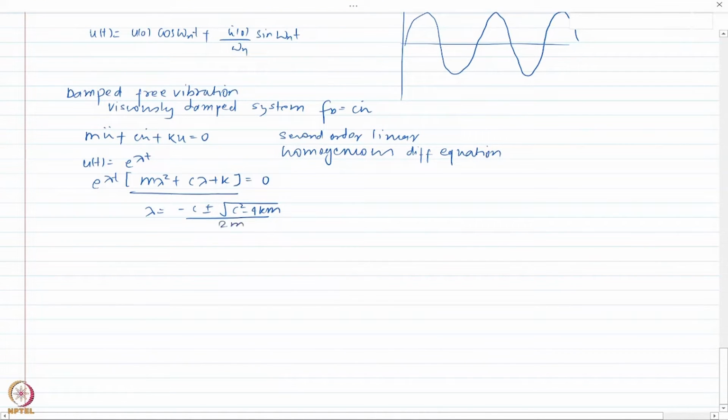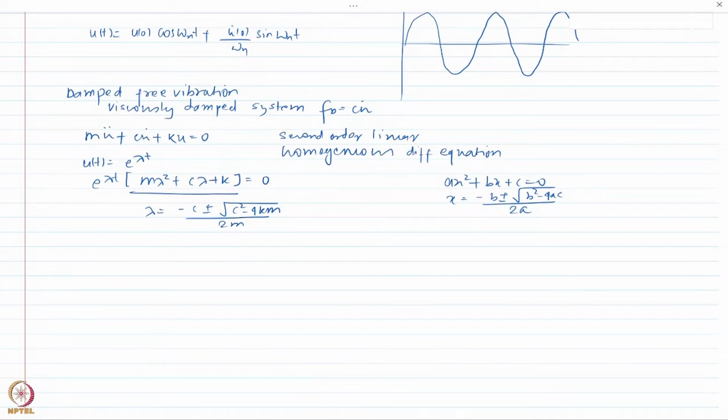If you have forgotten, the solution of the quadratic equation is x equal to minus b plus minus square root of b square minus 4ac, divided by 2a. Correspondingly I've got this expression for the roots of this quadratic equation.